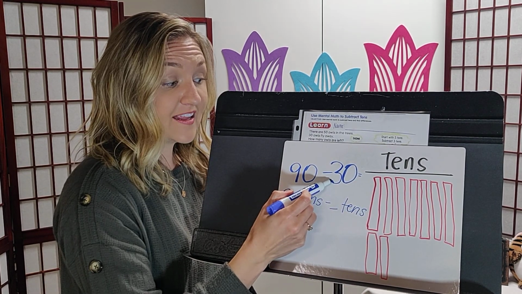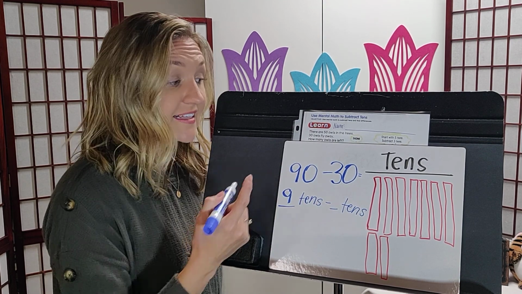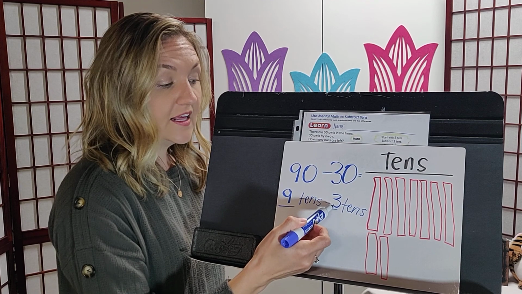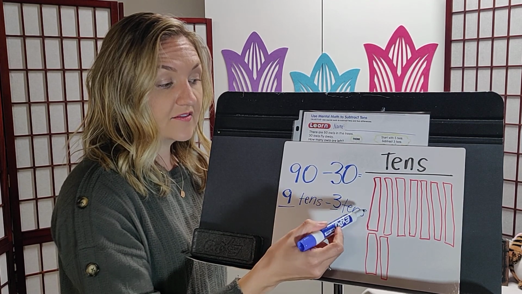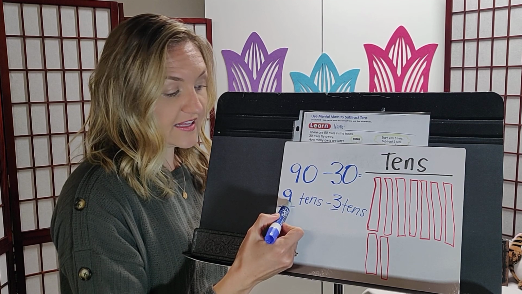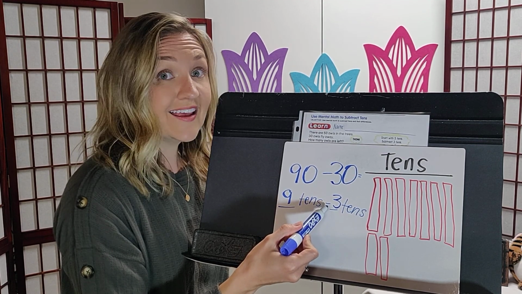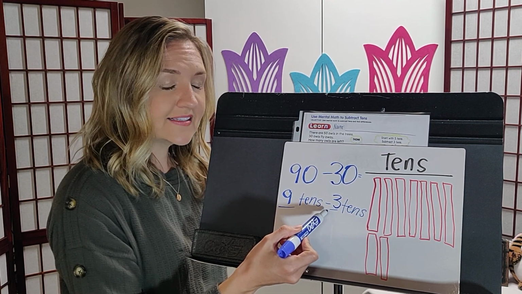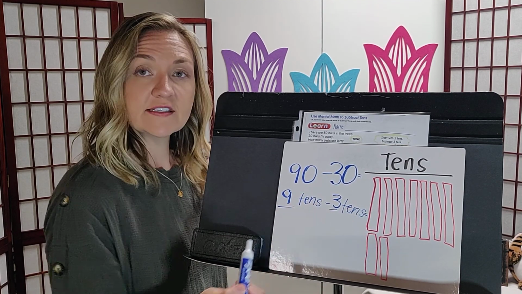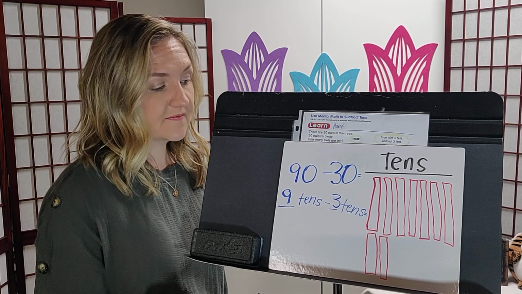The clue is right here for you. It's the same as 3 groups of tens, right? 3 groups of tens, I would count 10, 20, 30. So if I have 9 groups of tens and I subtract or take away or minus 3 groups of tens, how many are still left over as the difference?